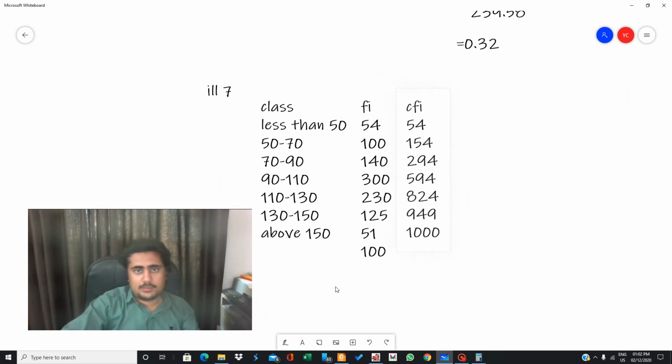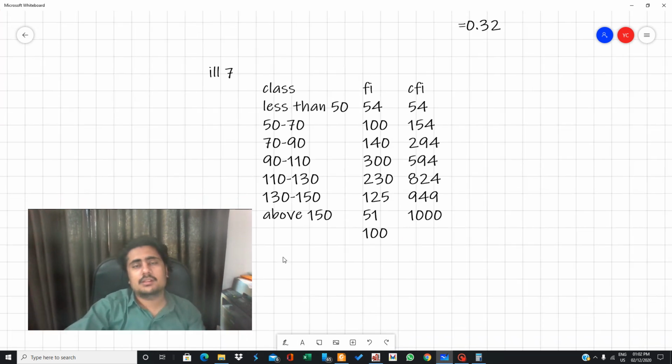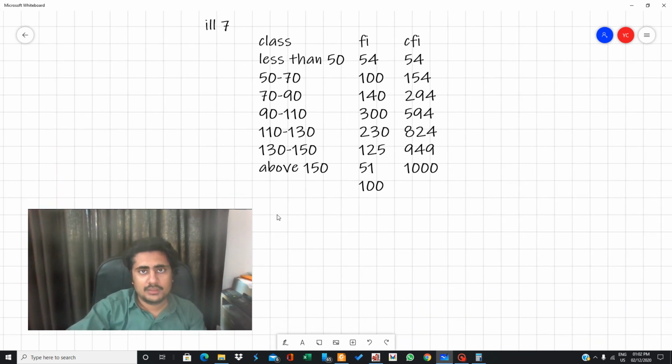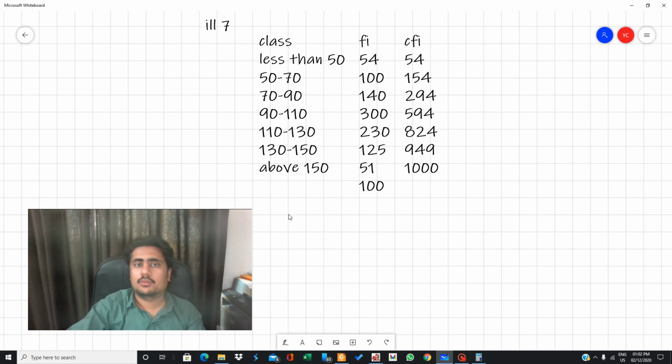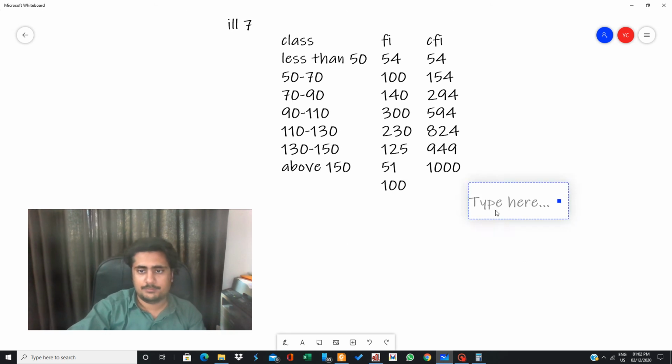So this is my CFI. The procedure is the same. First of all, we will find Q1, then Q3, then QD, and then the coefficient. Okay, so everything is the same.